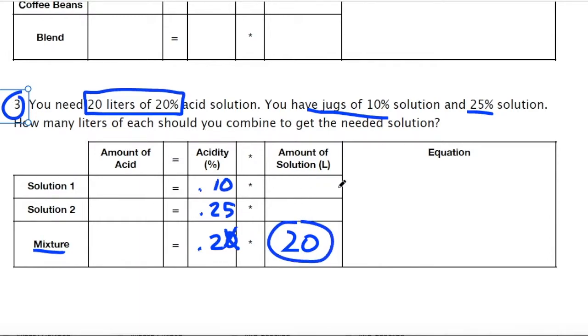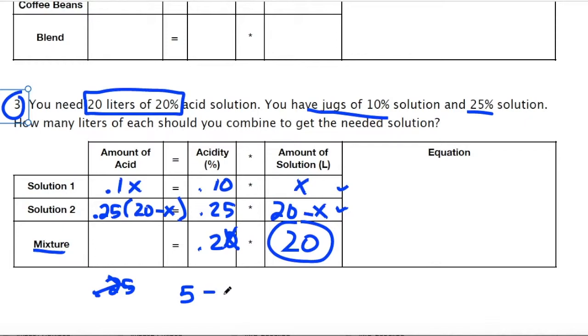So again, it doesn't matter if X is your solution 1 or solution 2, but no matter what you choose, 20 minus that is going to be the other solution. Now we can just fill in the table by taking 10% times X, which is 0.1X. We have 25%, 0.25 times 20 minus X. Again, you can distribute that to be 0.25 times 20, which would be 5 minus 0.25x.